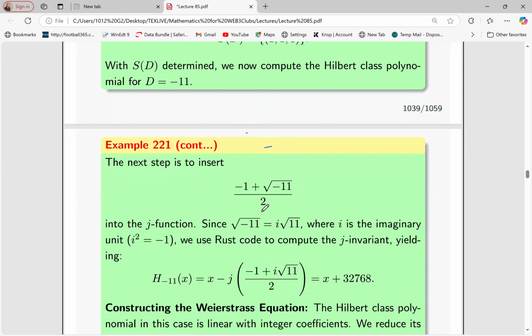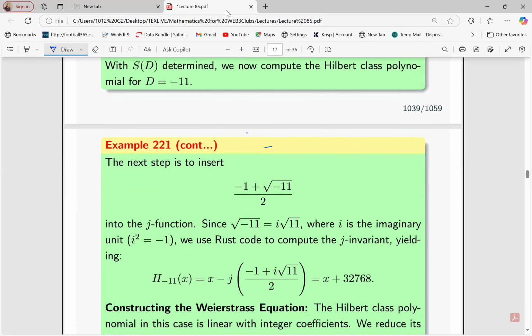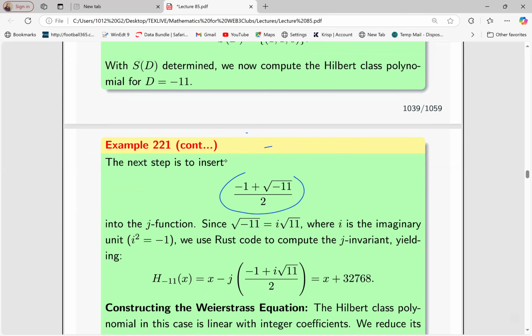So let me go to my code and get the J invariant at this point. At this point, this is just the same as negative 1 plus I, where I is a complex number, then square root of 11, over 2. This is what I've just written here. How does I come in?